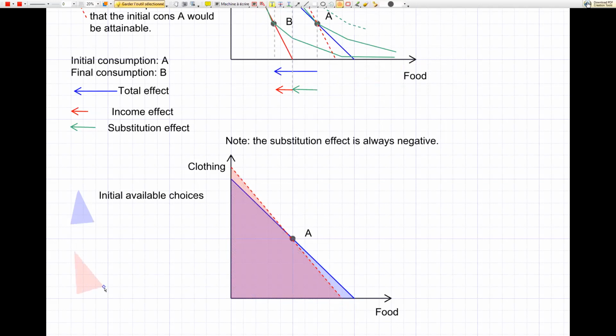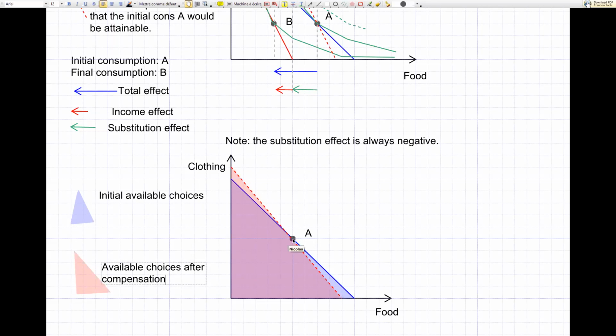So these are the available choices after compensation. What do we see? We see that the person could either consume more food, less food, or stay at the same consumption as before.